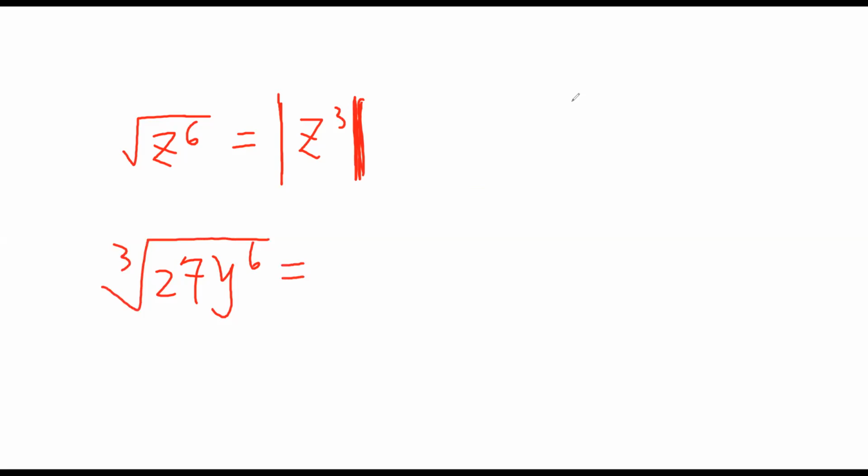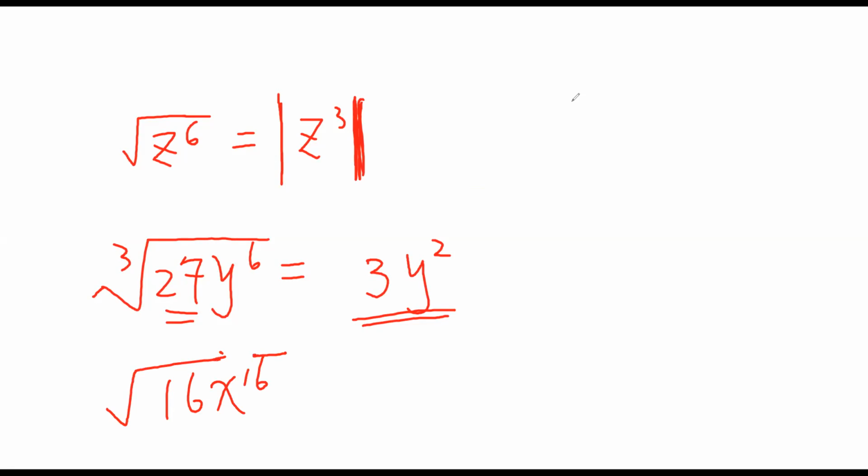What about this one? So here 27, take it out, it became 3, right? So y squared. This one is definitely good. You don't necessarily need the absolute value, right? Okay, let's see this one. Here we got 4x to the 8, right? Okay, let's see another one.